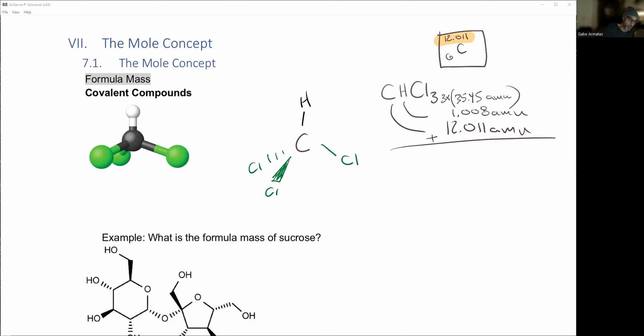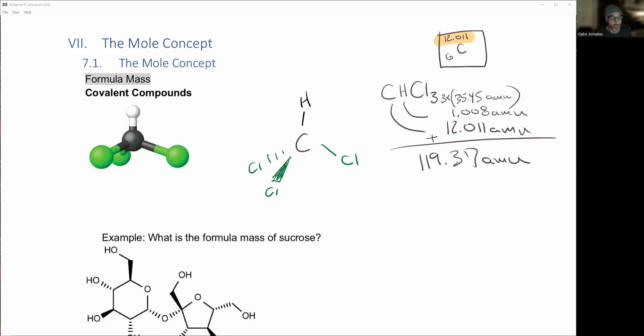So 35.45 times 3 gives me 106.35, plus the 1.008, plus the 12.011. Again, I'm getting these from the periodic table. And I end up with 119.369. We'll just round it to 119.37 atomic mass units.